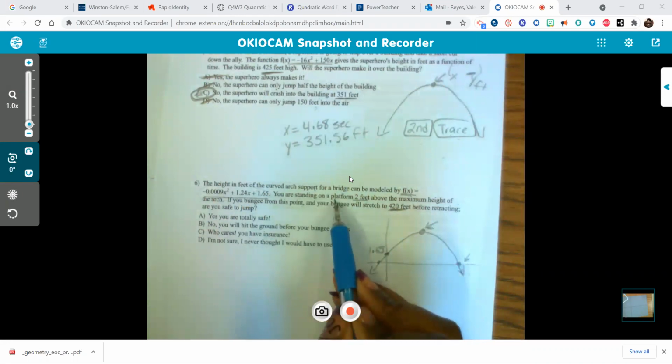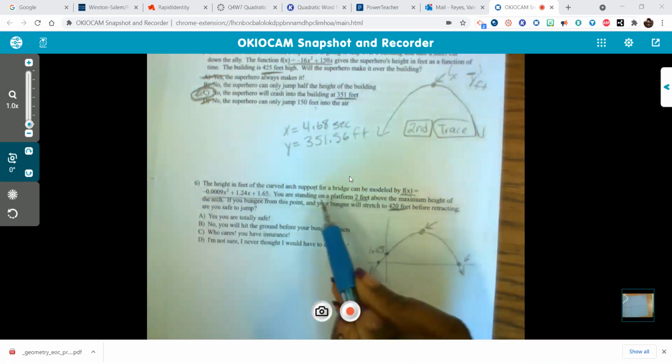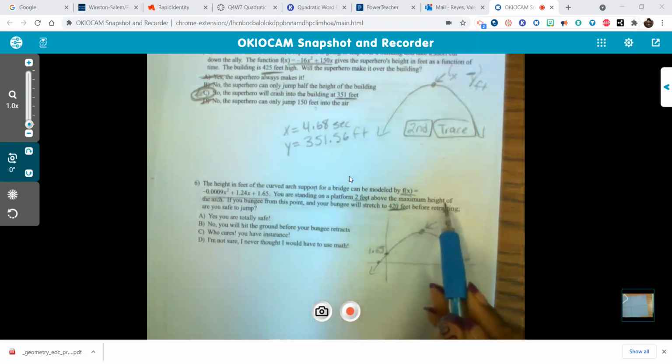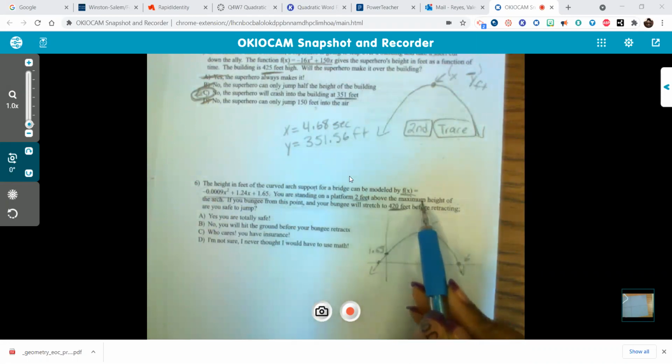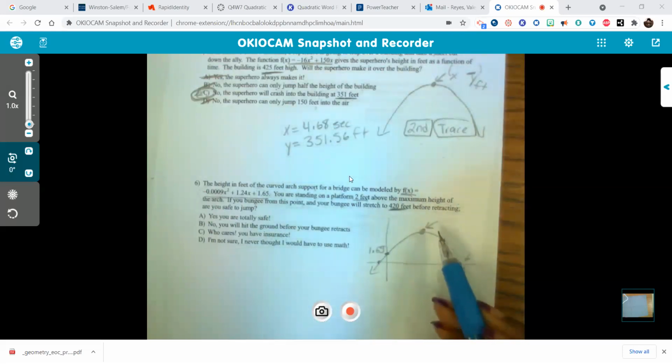And you are standing on a platform that's 2 feet above the maximum height. So you need to figure out what this maximum height is right here, and you're standing 2 feet above it. You need to know what that maximum height is.